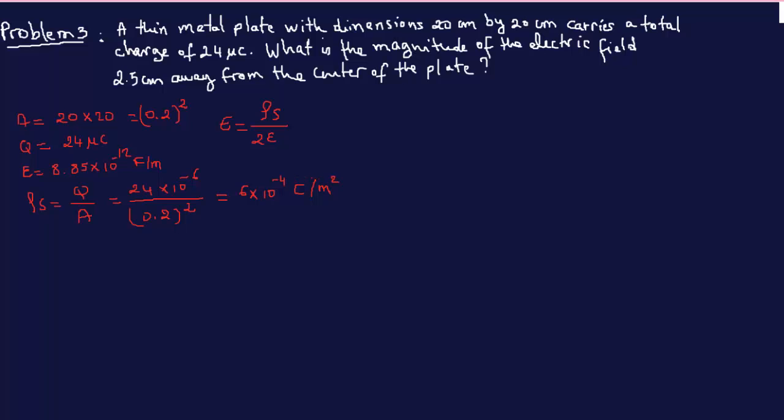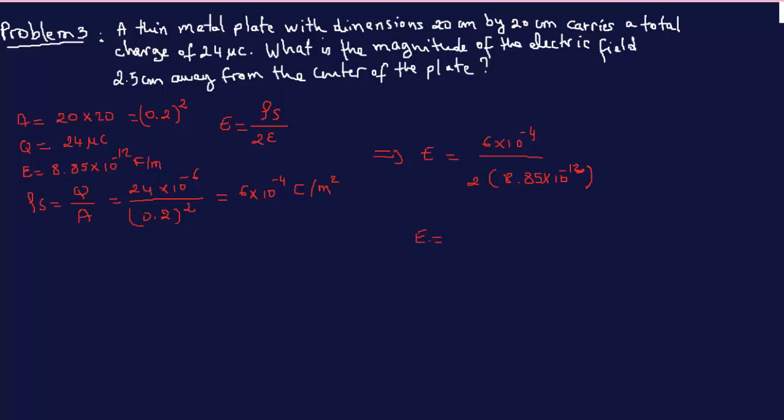Okay, so I know everything now. All I'm going to do is go through the original formula to find the electric field, replacing with the values I just calculated. So I have rho S, which is 6 times 10 to the power minus 4, over 2 epsilon, and this is 2 times 8.85 times 10 to the power minus 12.